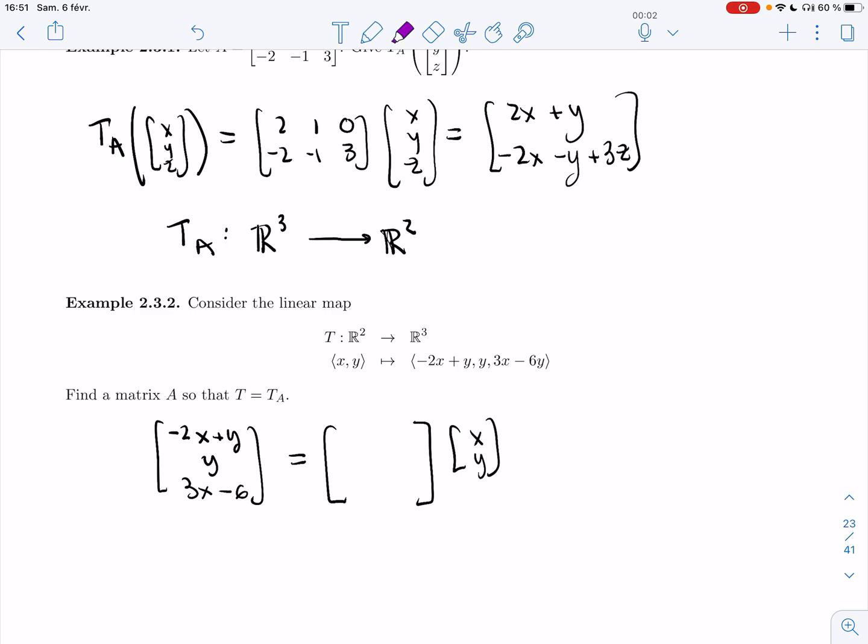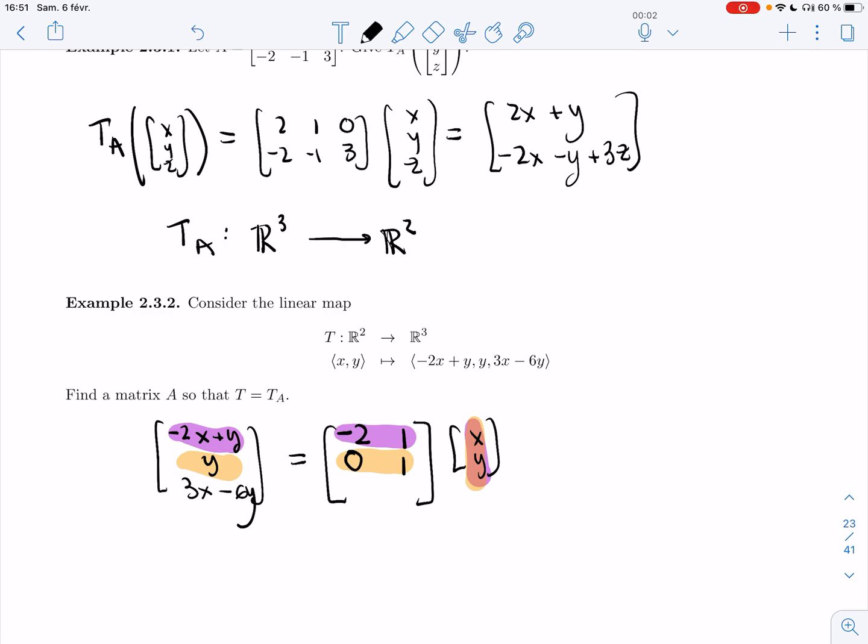All right, so when I multiply that first row with (x, y), I want to get -2x plus y. So I'm going to multiply x by -2, and I'm going to multiply y by 1. So really the entries of your matrix are going to be the coefficients of x and y in this. All right, so for the second row, I want y, and so I don't want to have any x, and I want one y.